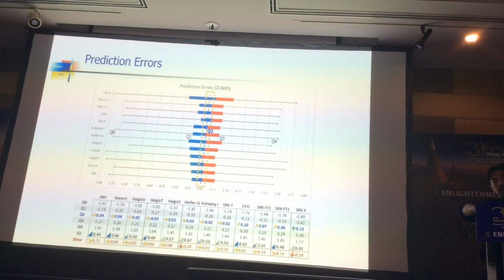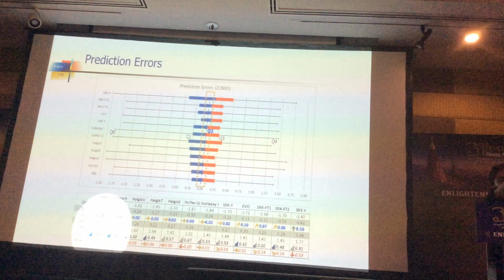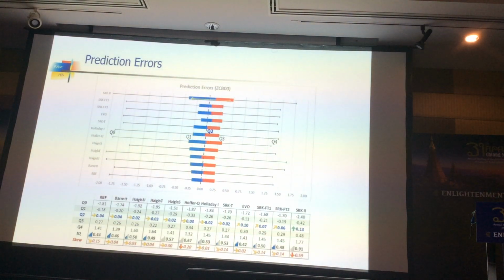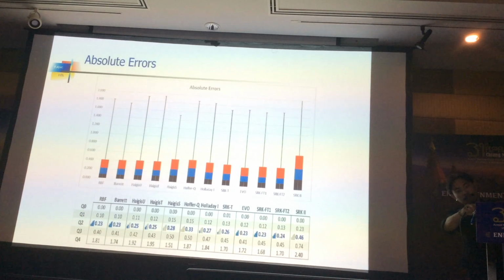The other thing I want you to look at is the interquartile range, which is the difference between the third quartile and the first quartile, which is the length of the 2 boxes. The wider it is, the worse the formula performs, because that means the standard deviation is no good. The tighter it is, the better it is.